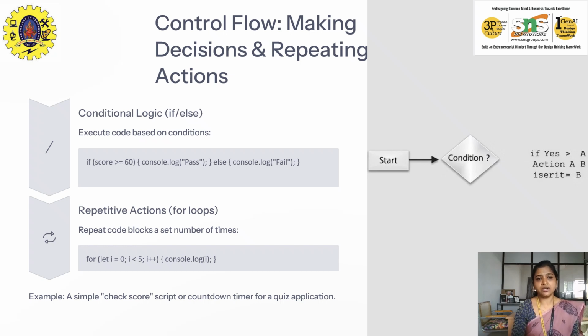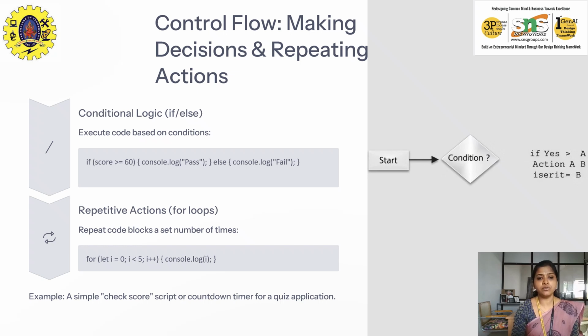And also we can use repetitive actions like for loops. For example, if you want to repeat a code block a certain number of times, we can use a for loop. If you want to display 1 to 5 on a web page, instead of writing five output statements, we can use a for loop in which the value of i is printed in the log every time the for loop is executed.